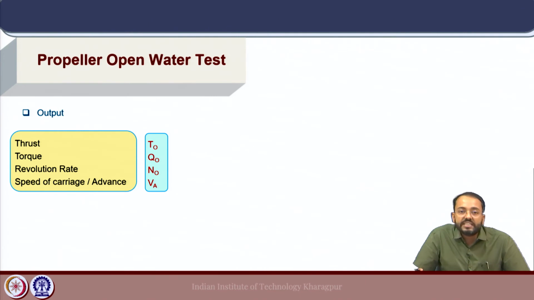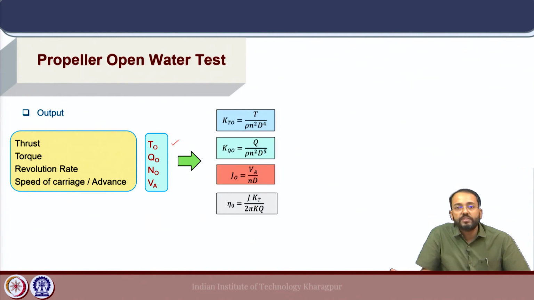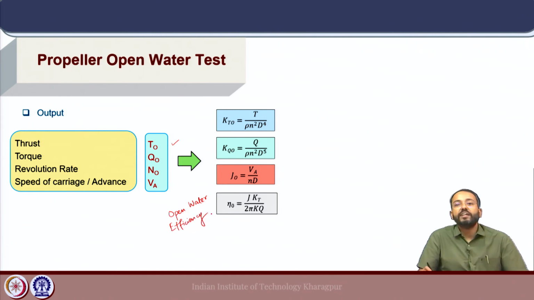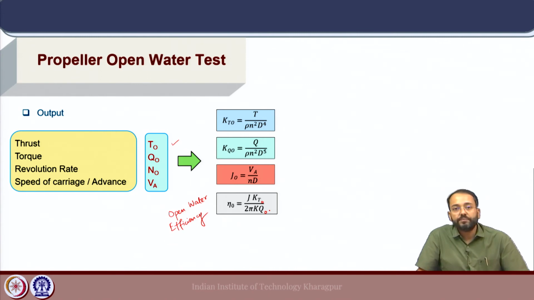So, these values are mentioned with a suffix O because these are open water values, and from these we can calculate the thrust and torque coefficients of the propeller, which we have already seen earlier, and the advance coefficient J can be calculated, and from that finally the open water efficiency can be calculated from the KT and KQ values in open water. So, this will be KTO and KQO for the open water.